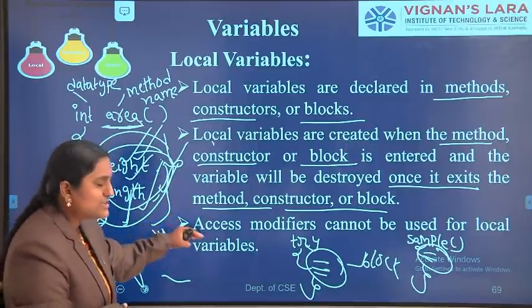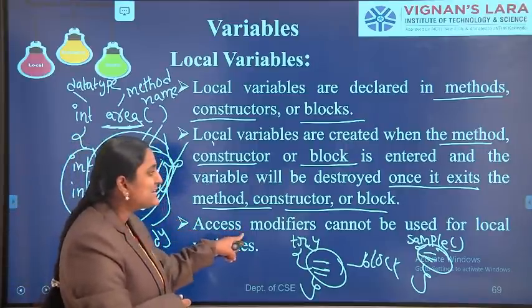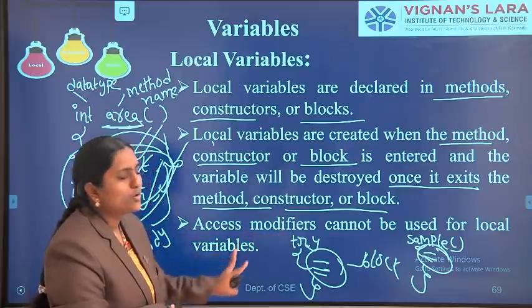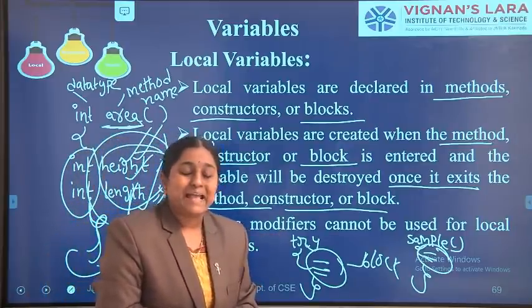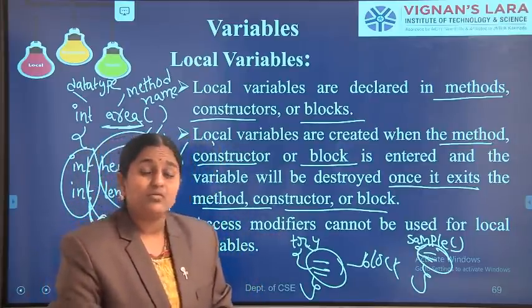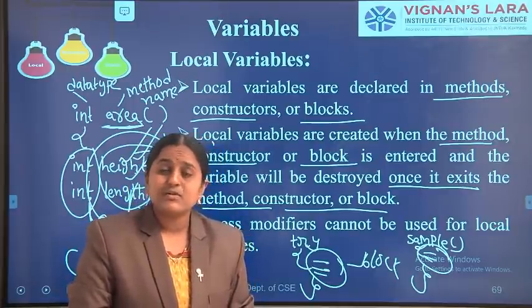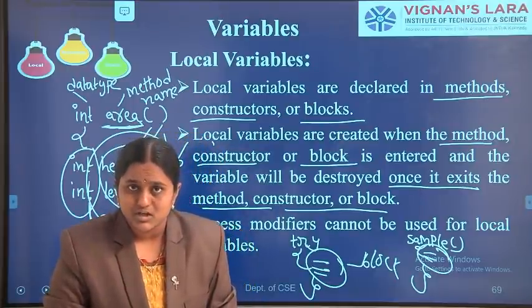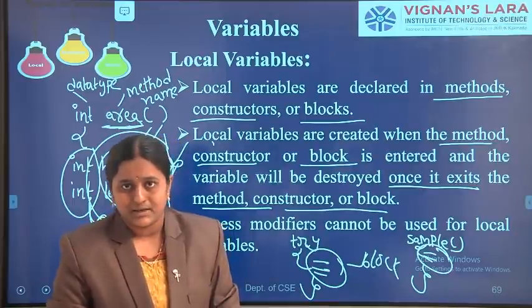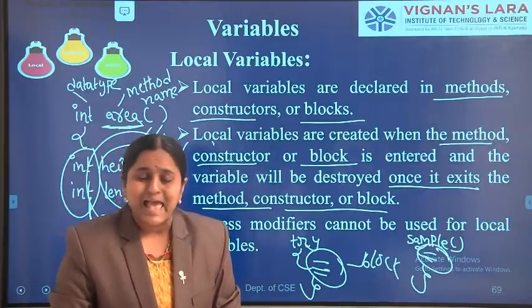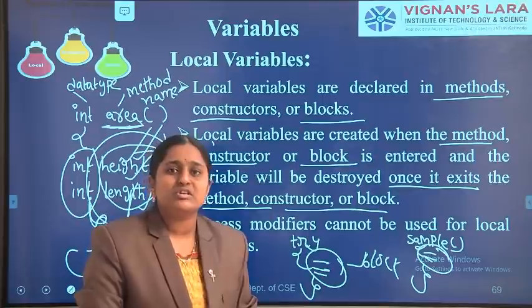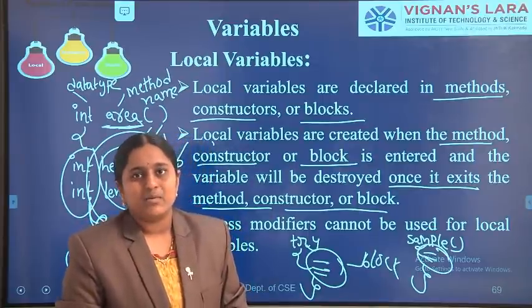Coming to the next point, access modifiers cannot be used for local variables. Java supports access modifiers like public, private, protected and default, but these cannot be used with local variables.